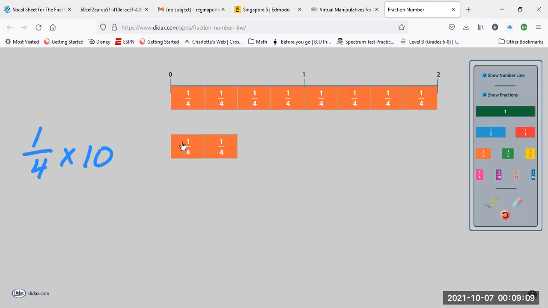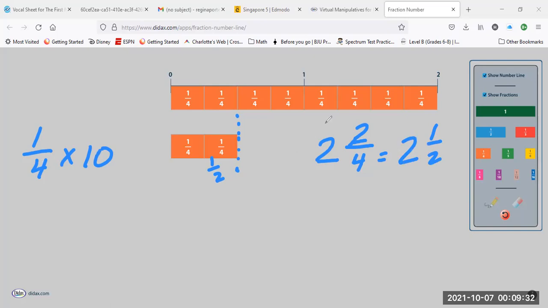And then we have 9, 10, we have 2 and 2/4. 2 and 2/4 is equivalent to, because 2/4 is equivalent to 1/2, 2 and 1/2. That would be our product of 1/4 times 10.